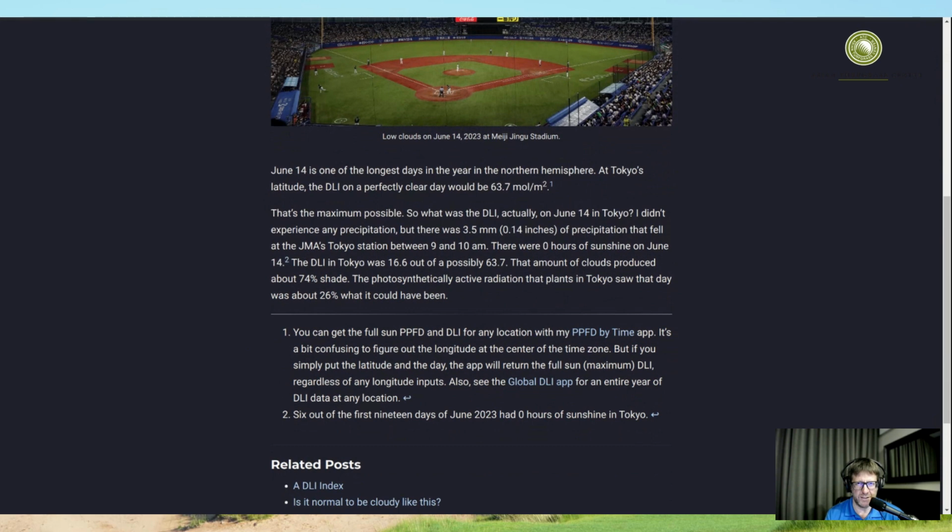the surface irradiance, the direct light from the sun that reaches the surface of the ground in Tokyo. And so from that you can calculate what the DLI was. The units are different, but if you multiply that number times 2.04, or basically just double it, you will have in photosynthetic units the daily light integral.